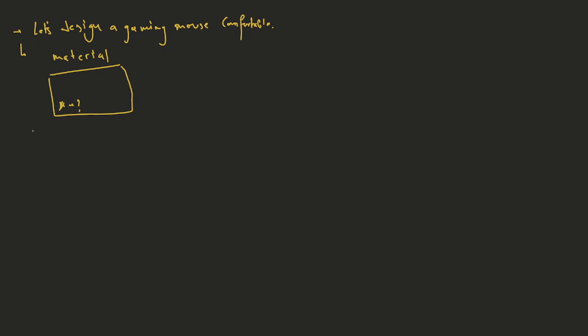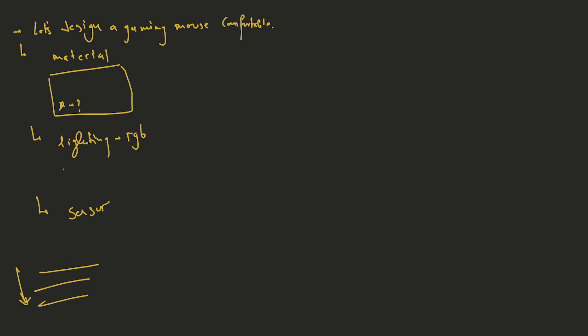Then there could be, let's say, lighting, that is RGB. We haven't decided anything yet, but there are so many things which we need to fill into this. Then there could be a sensor, an important part. And there are other things which we can write down here in our native language. So lighting could be there.